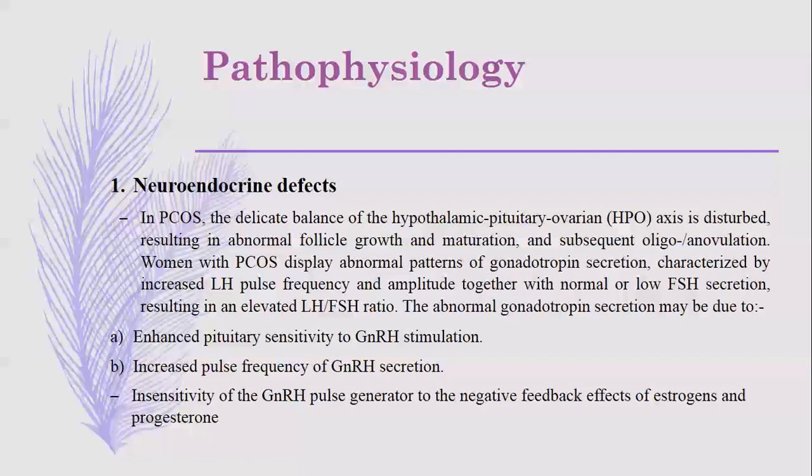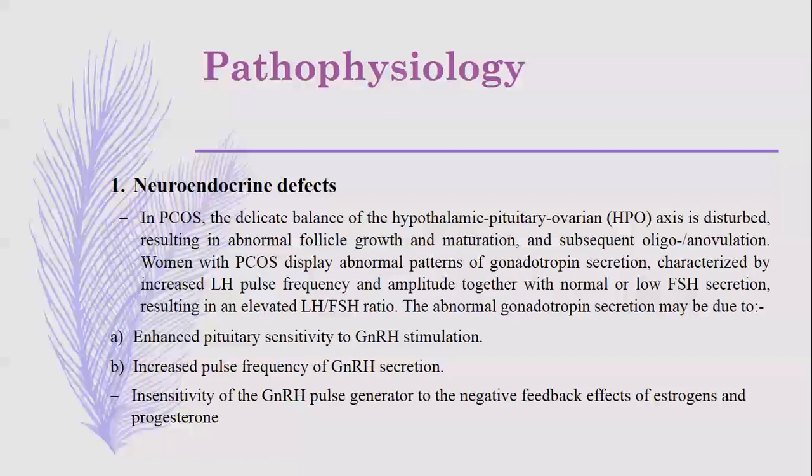How can we know that the patient has abnormal gonadotropin secretion? Why do we send the patient for luteinizing hormone and follicle stimulating hormone? In this patient, we will see that luteinizing hormone is higher than follicle stimulating hormone.